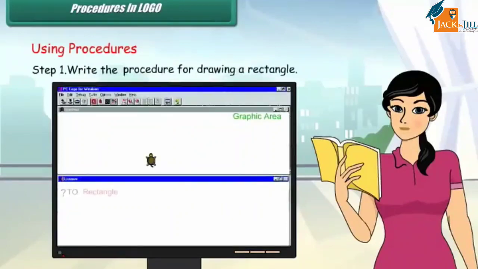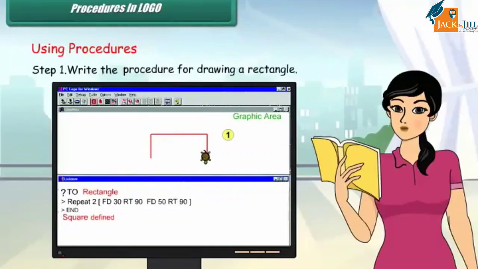Step 1. Write the procedure for drawing a rectangle. Type a question mark, give a space and write TO rectangle. Type the greater than sign, give a space, then type repeat 2 [FD 30 RT 90 FD 50 RT 90] and close the bracket.